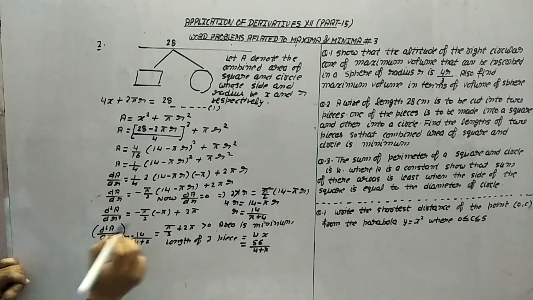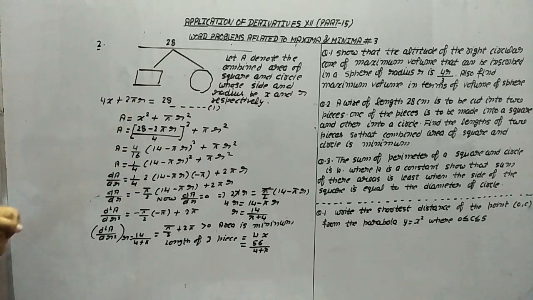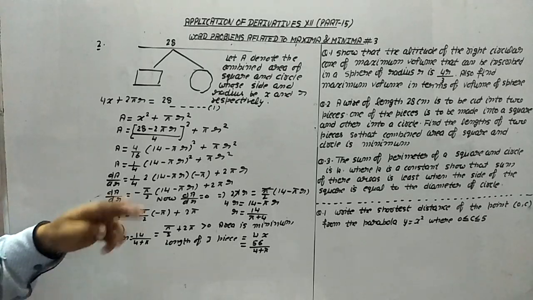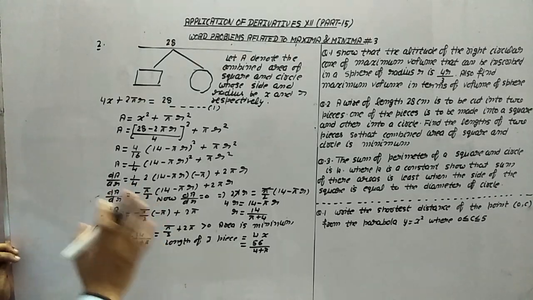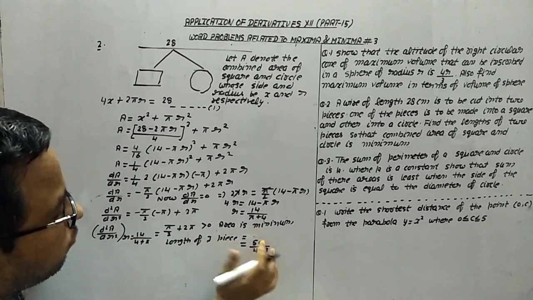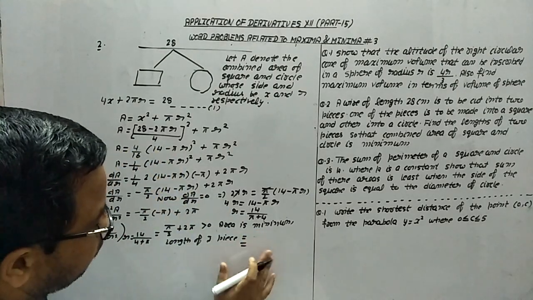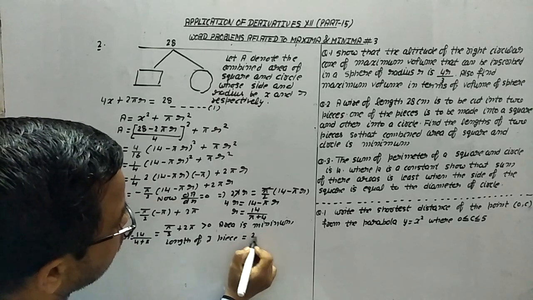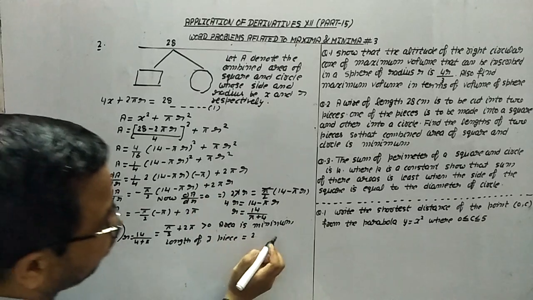Now for the length of the second piece, first of all we will find out the value of r, because we already have r.